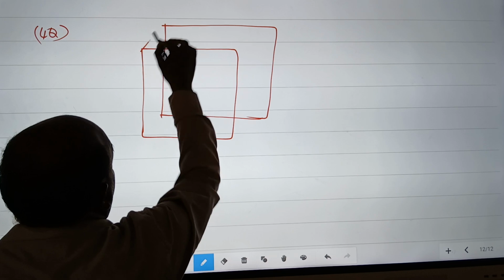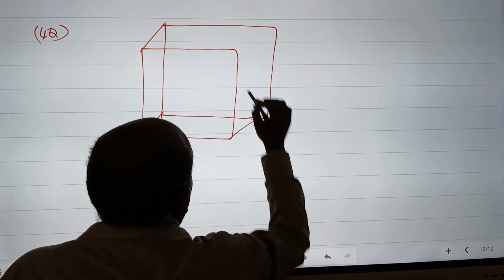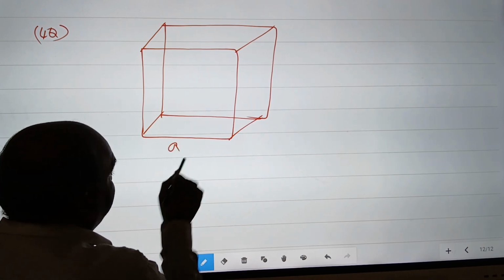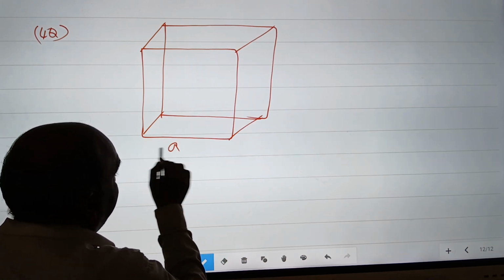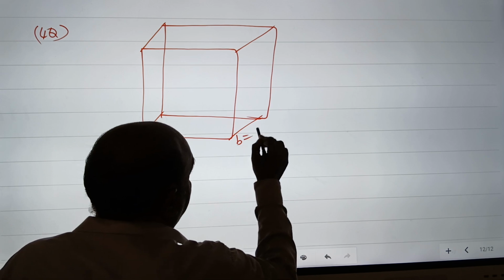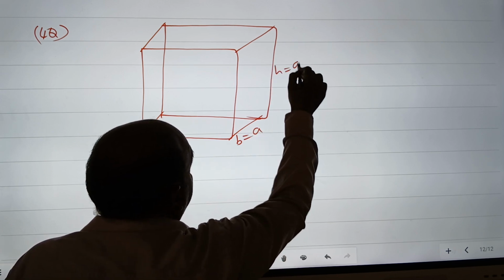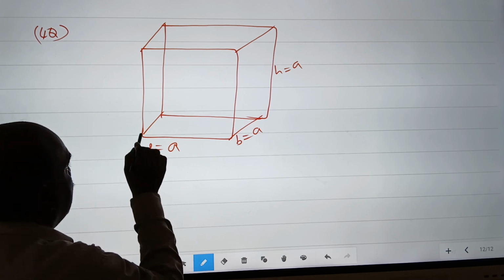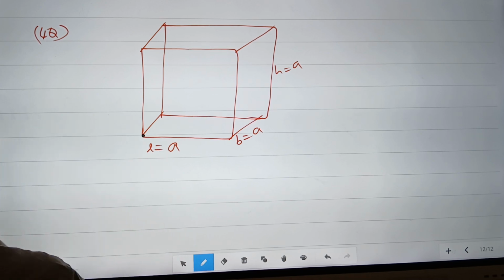Cube means all sides are the same. Let this length be A, this breadth also A, and height also A. Now, this is one vertex.